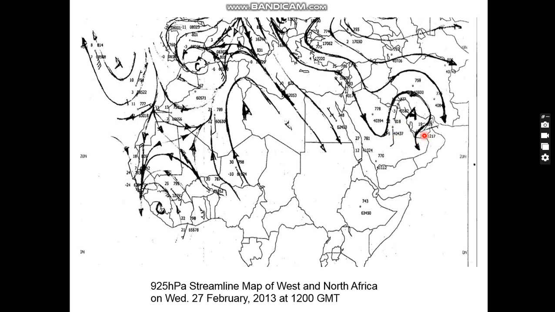So, looking at this right-hand corner, we see winds here. This wind is a southerly wind. This is also nearly a southerly wind. And here it's an east of northeast wind.